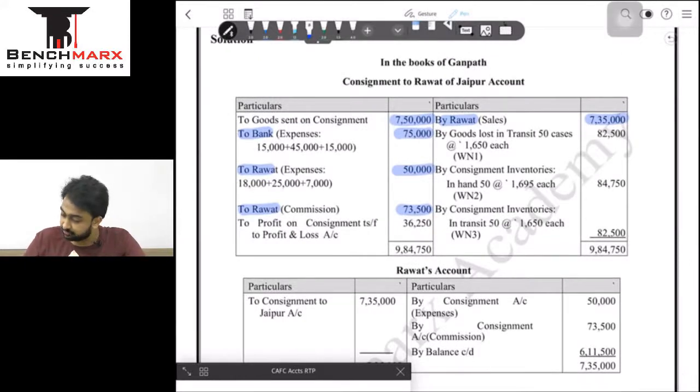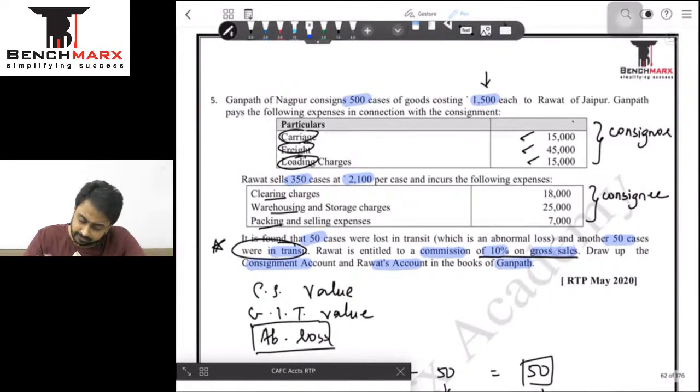Goods 7,50,000 divided by how many cases were sent? 500 cases were sent. So the cost per case is 1500. So 1500 into 50 destroyed, plus 75,000 divided by 500 into 50, which is 7,500.